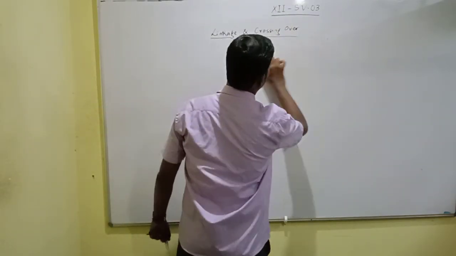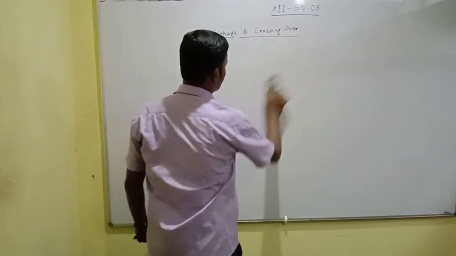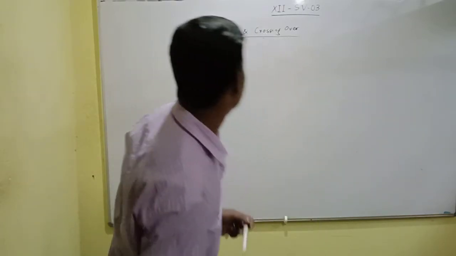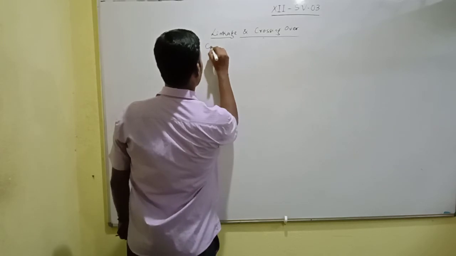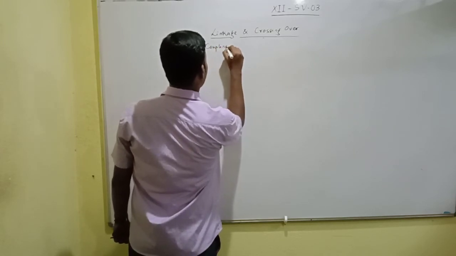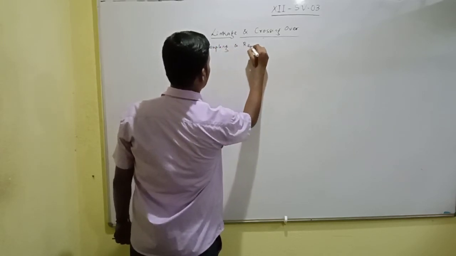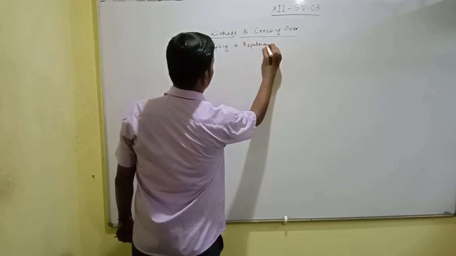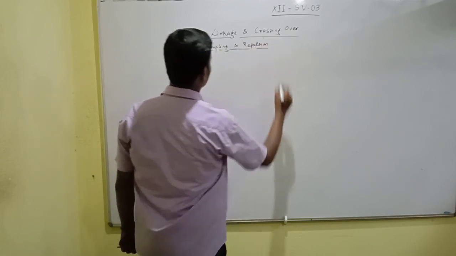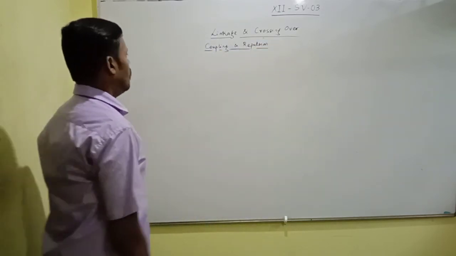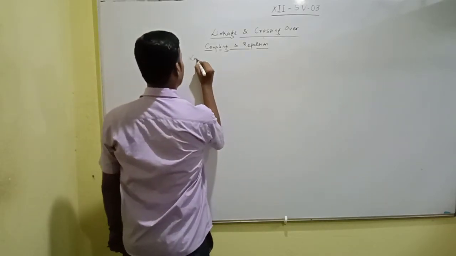For linkage study, there are two experiments, called coupling and repulsion, in Lathyrus odoratus.